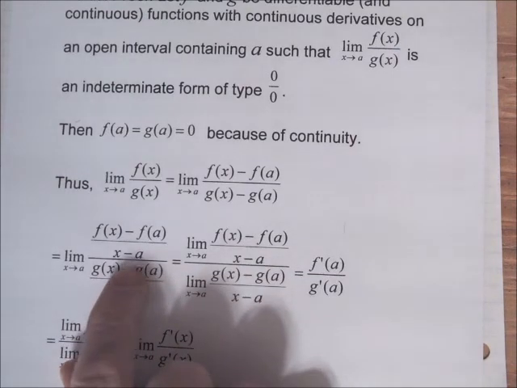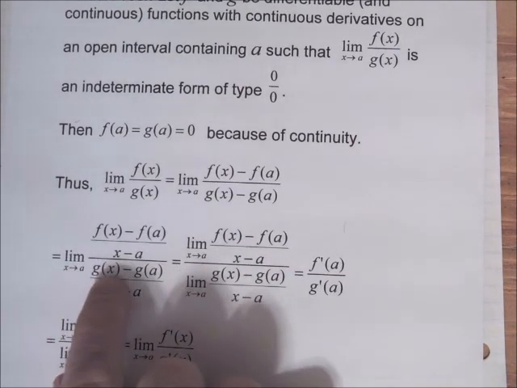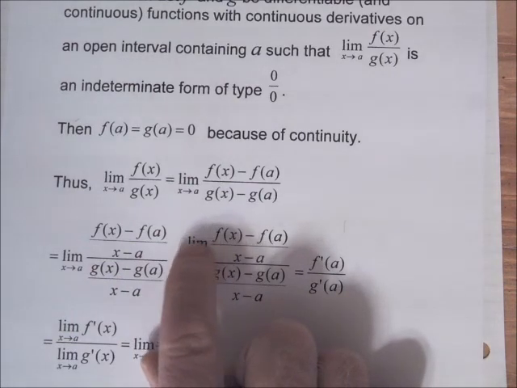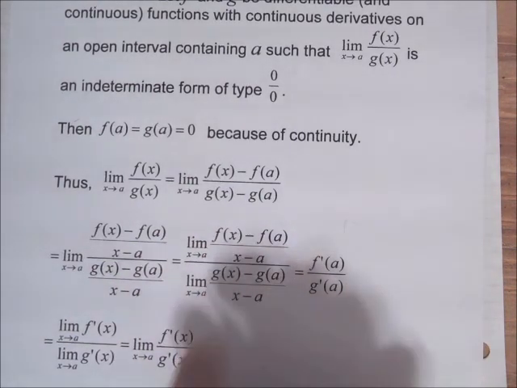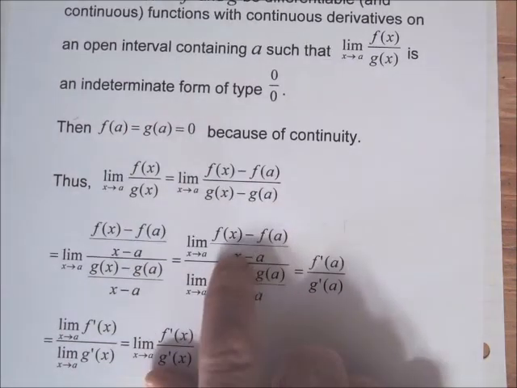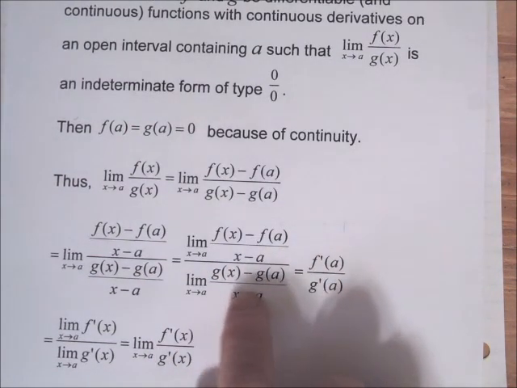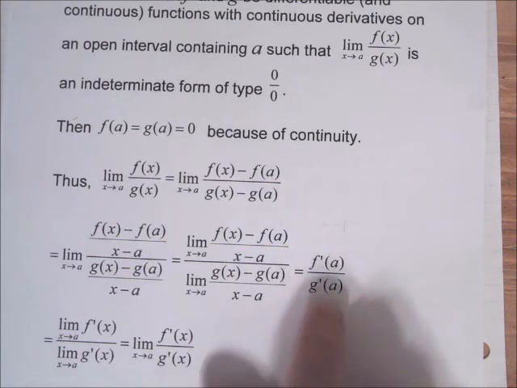Then the limit as x approaches a of this quotient is going to be the quotient of the limits, and the limit of the numerator is just the derivative f prime of a, and the limit of the denominator is g prime of a.